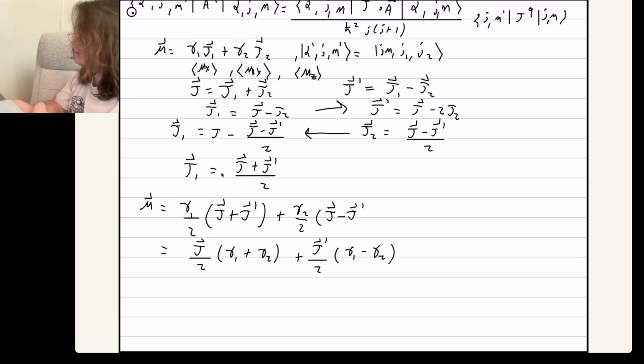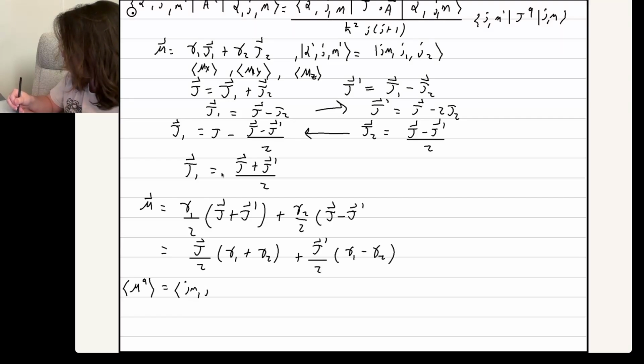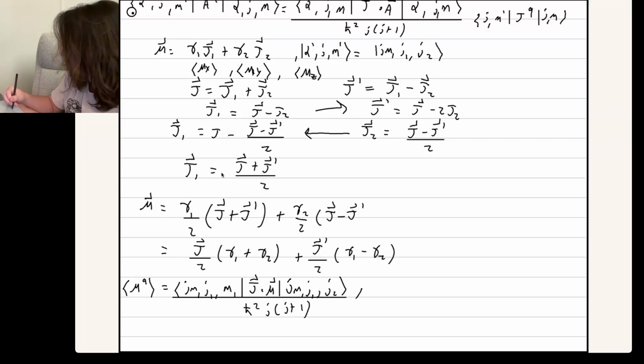And then we can look at the q component of mu, which will be defined as the bra J, m, J1, J2 of J dot mu times the ket J, m, J1, J2, divided by h bar squared j plus 1, times the bra J1, J2, J_q, J1, J2.